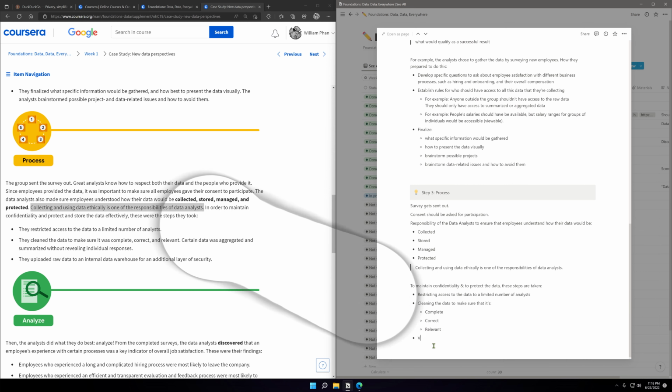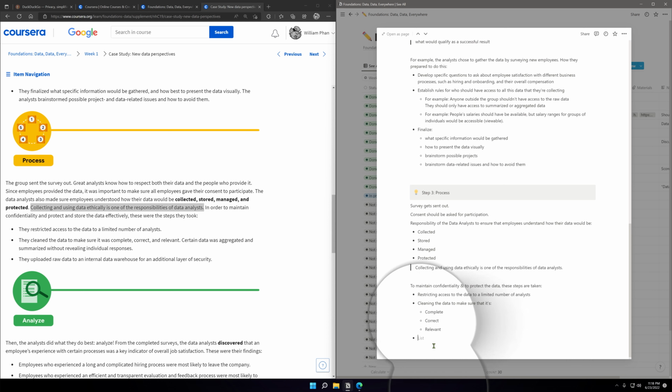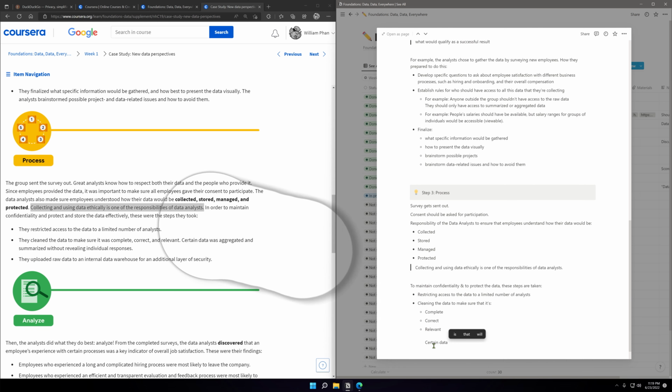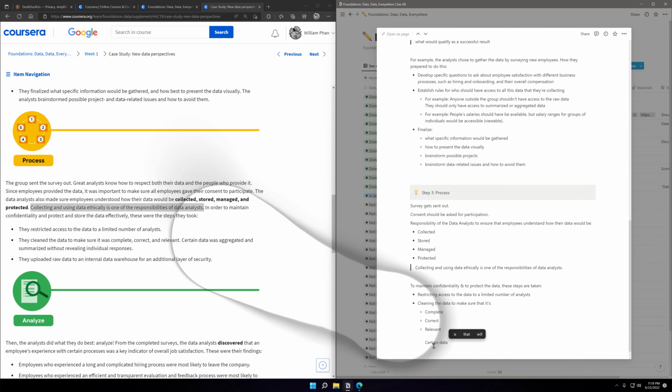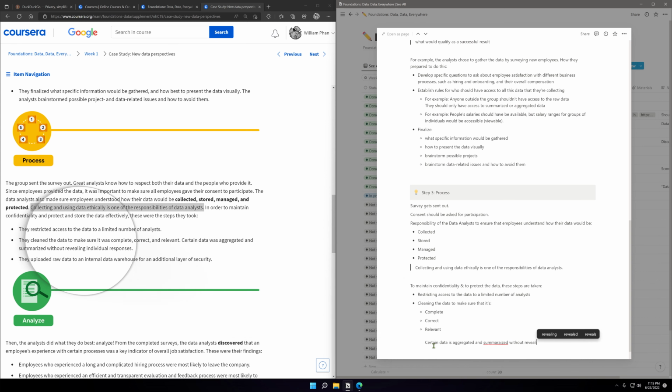The data is aggregated and summarized without revealing individual responses.